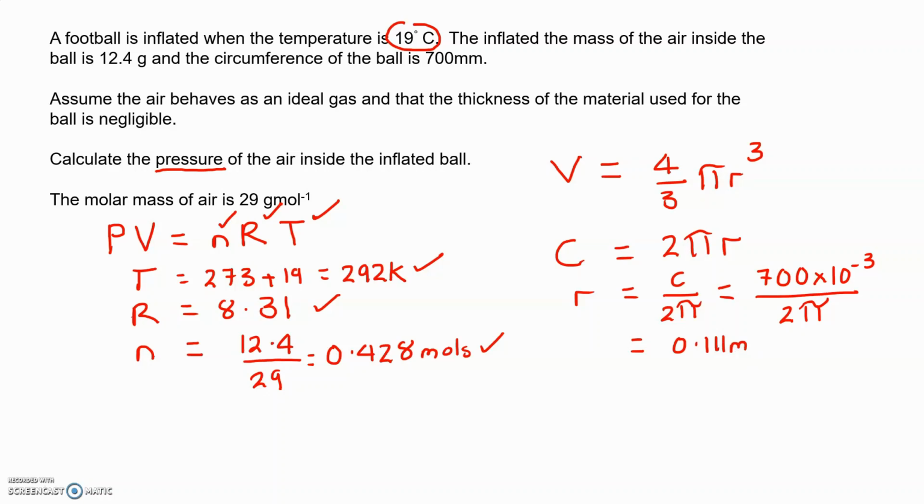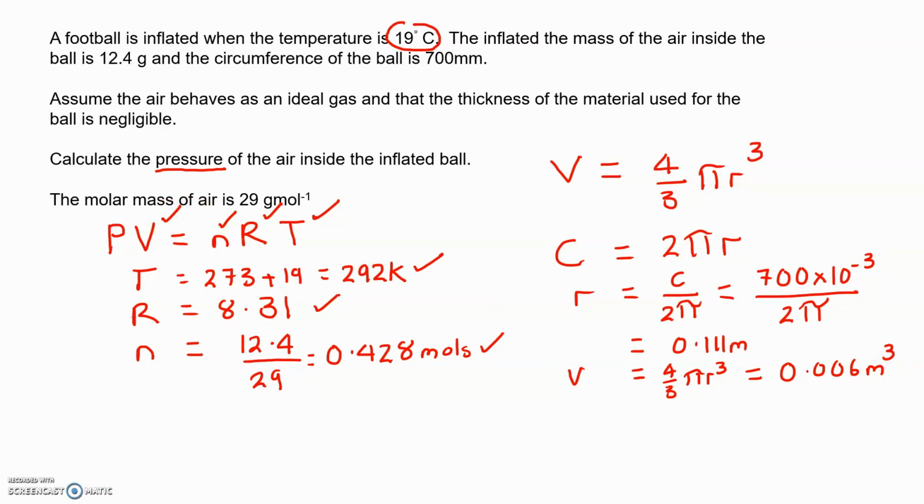So we can now work out the volume, 4/3 pi r cubed. If we put in the radius that we've just calculated, we get 0.006 meters cubed. So we now have the volume.